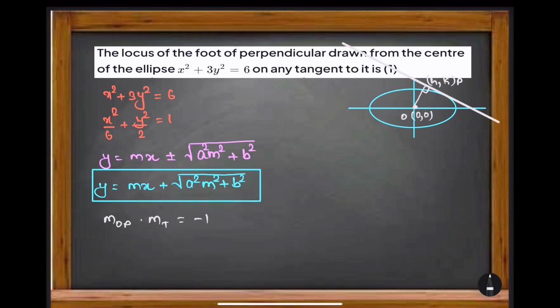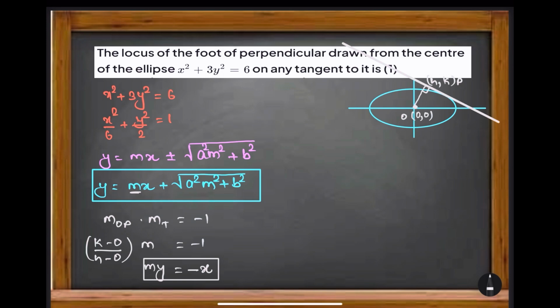So OP means k minus 0 by h minus 0, and this is the slope of OP, but the slope of tangent is m. So it is minus 1. So can I say that it is my equals minus x? Correct? So we got this situation.